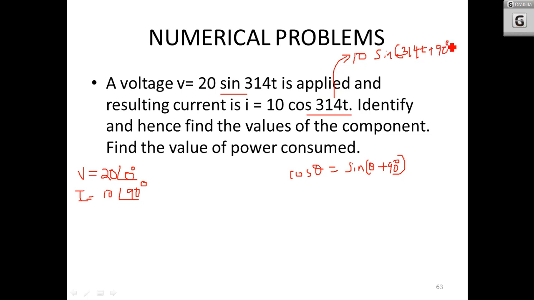So this is how you can write the value of current. Therefore, current is 10 at an angle 90 degrees.